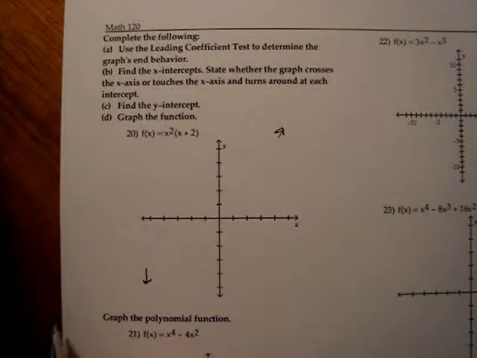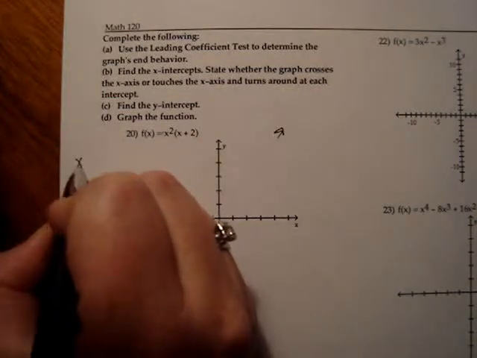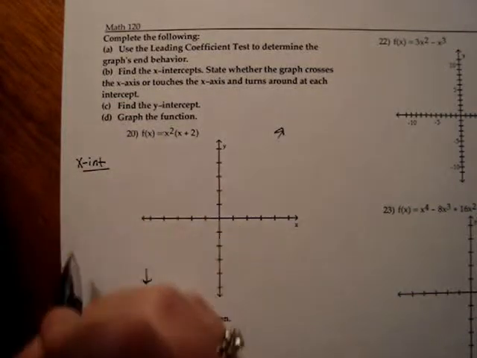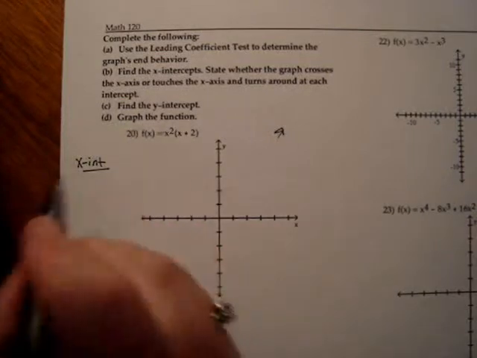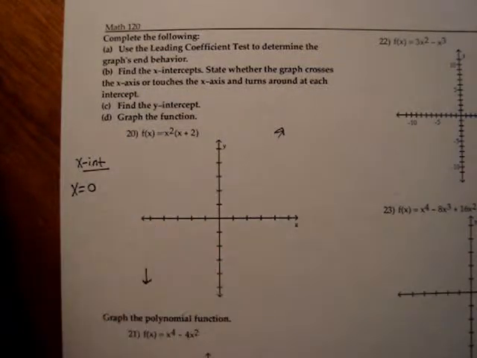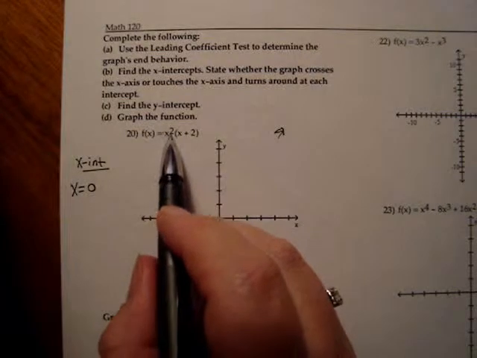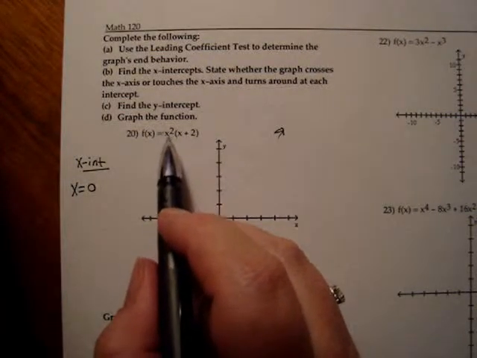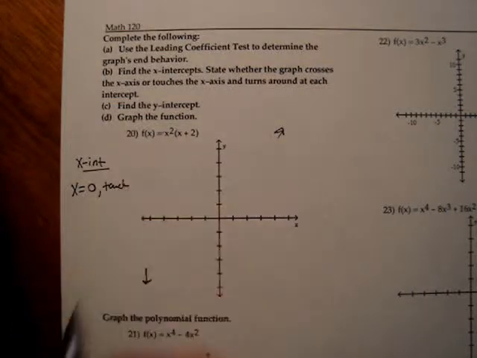Next, my x-intercepts. Since it's already factored, I look at this first factor of x squared, and I get an intercept of x equals 0. Since it came from a factor that is squared, that has an even exponent on it, it's going to touch.